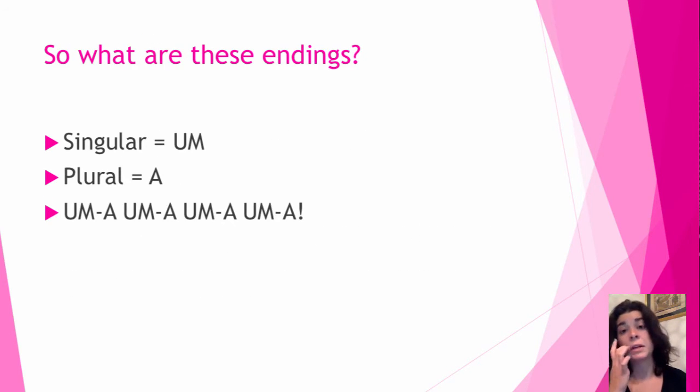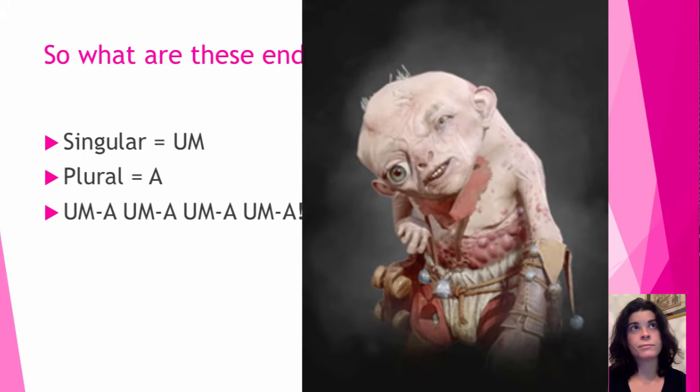So let's take a look at what these endings are. So in singular, you have -um, and that will be the ending that you see in the nominative, the accusative, and the vocative. And in the plural, you have -a. And -a is, again, what you're going to see in the nominative, accusative, and vocative, but only in plural. So when you combine those two together as a way to maybe remember them, it's Uma, which is like that creature or thing, ugliest man ever in Witcher 3, which I won't spoil who he is later.